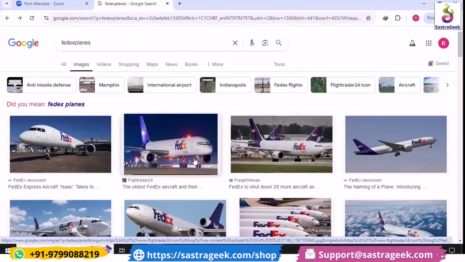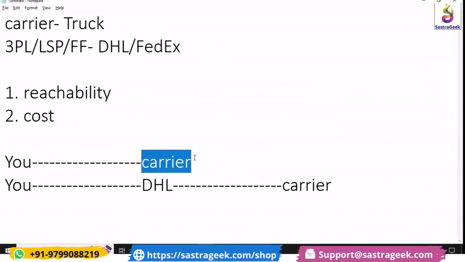Okay. When we are going directly through a carrier, it should be from a manufacturer or in a huge quantity. Yeah, if you have that capacity, even as a retailer, you can do that, no problem. But generally, an individual retailer, a person like you and me, would not have that much capacity of goods to send, most likely. So that is the reason.